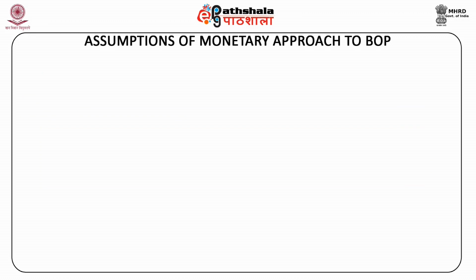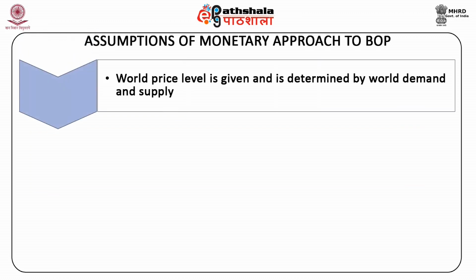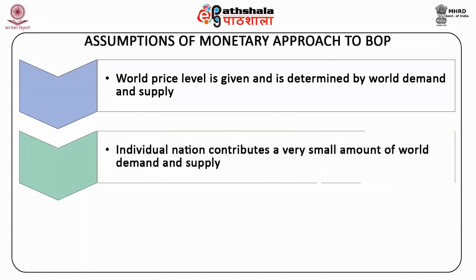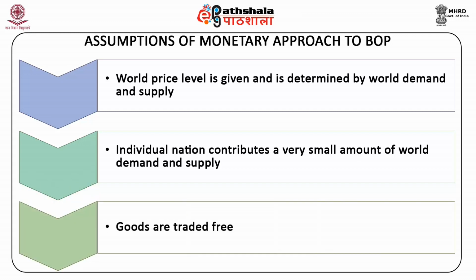assumptions. First, the world price level is given and is determined by world demand and supply. Second, the individual nation contributes a very small amount of world demand and supply. Third, the goods are traded free and there is zero transportation cost for imports and exports at world determined price level.